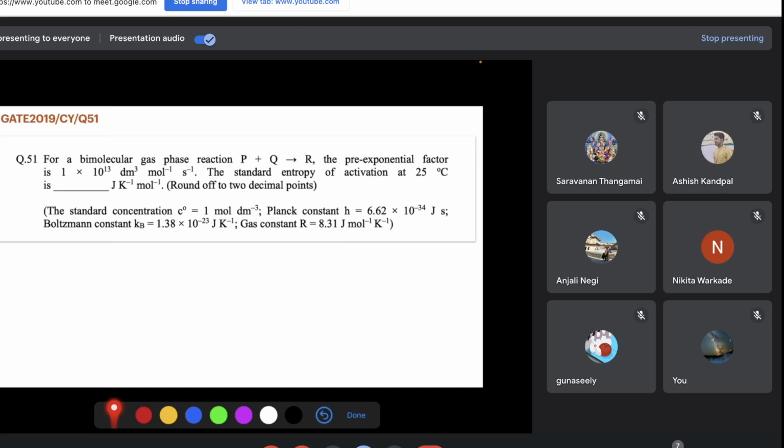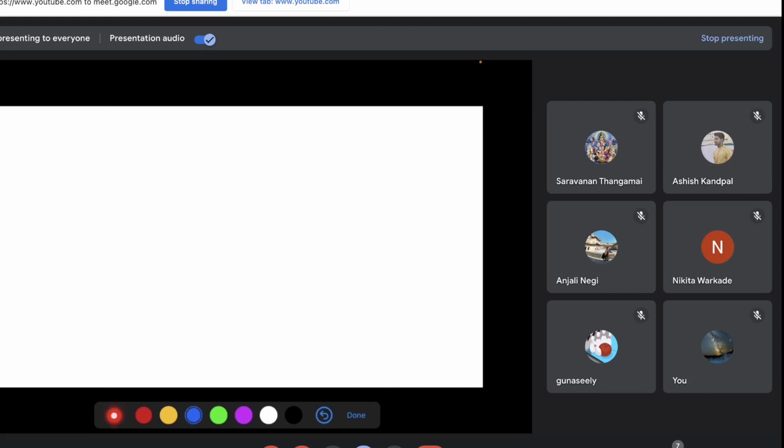To solve this particular problem, we have to use the Eyring equation, which gives us the relation between reaction rate and temperature.